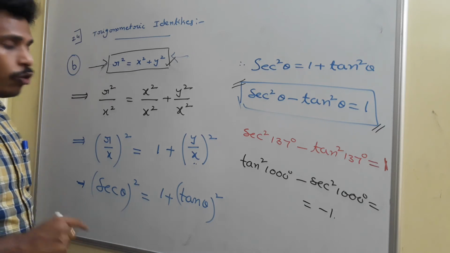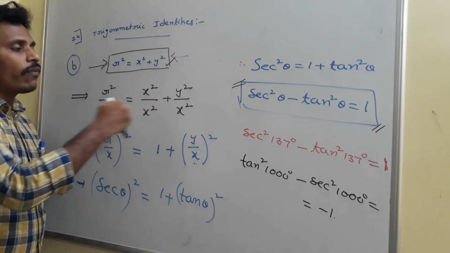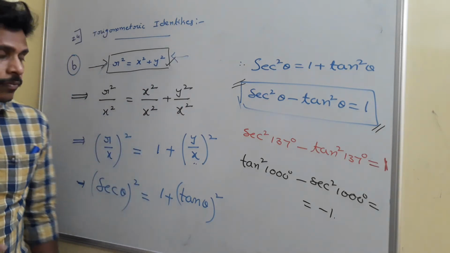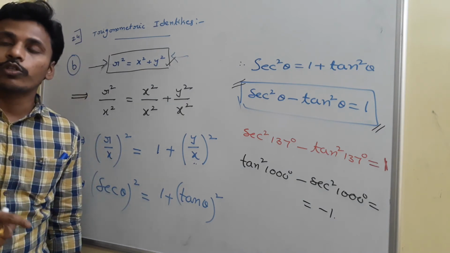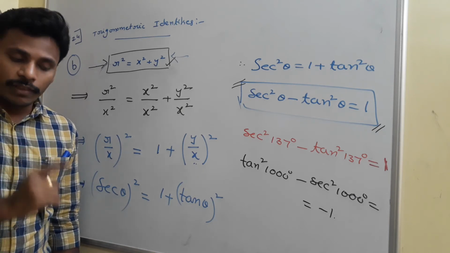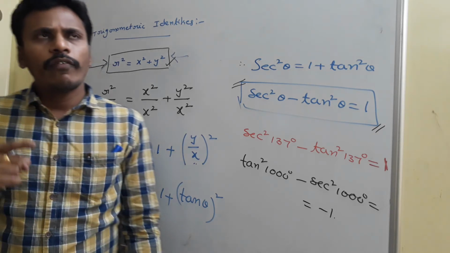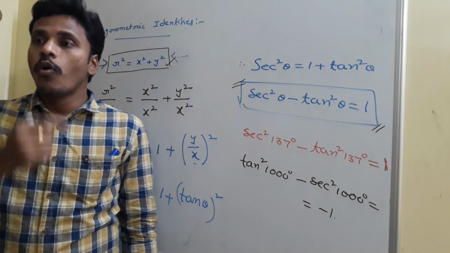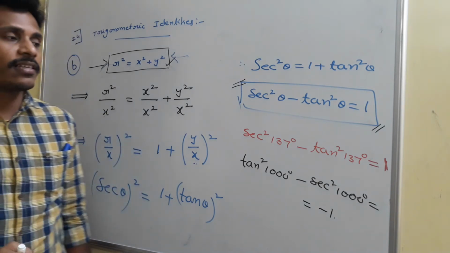Once again I am repeating: if x is 0, then you are not allowed to divide with x. That is, if x is 0, then secant square theta minus tan square theta is equal to 1 is a wrong statement for the angles theta where the x coordinate is 0. Think about it: whenever the x coordinate is 0, and for sure x is 0 for the y axis, either the positive y axis or the negative y axis, x is 0.